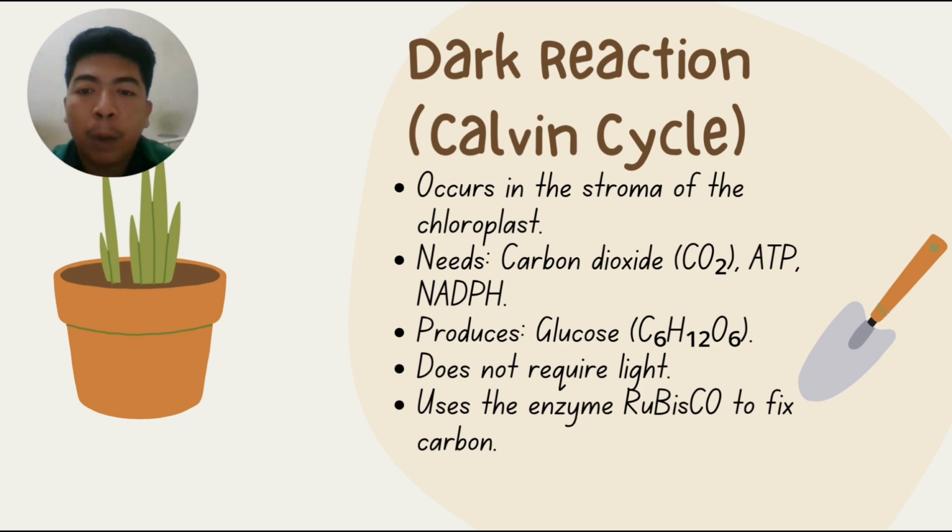The cycle is powered by the enzyme rubisco, which helps capture carbon dioxide and convert it into a stable compound. This process must run six times to generate just one glucose molecule, so it's a slower and ongoing process compared to the light reaction.